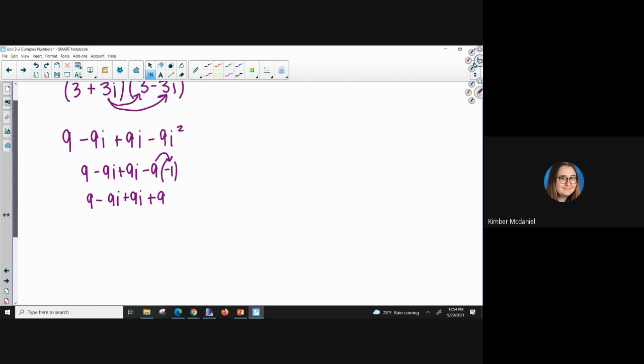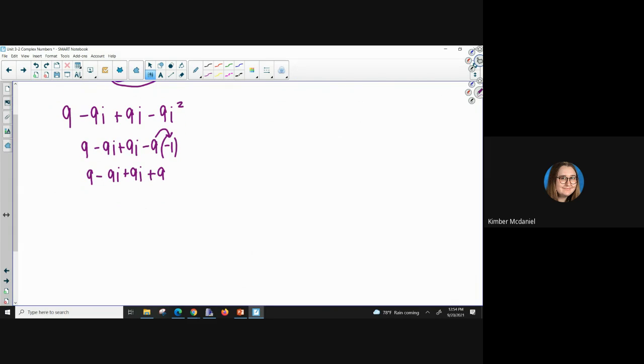Now, here is where I will combine like terms. What's one pair of like terms that we have? 9 and 9. What does that give us? 18. Okay, 9 and 9 gives us 18. Now, the -9i and the +9i are also like terms. But what happens when we do -9i + 9i?